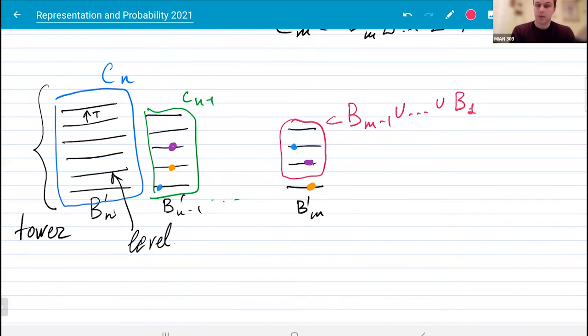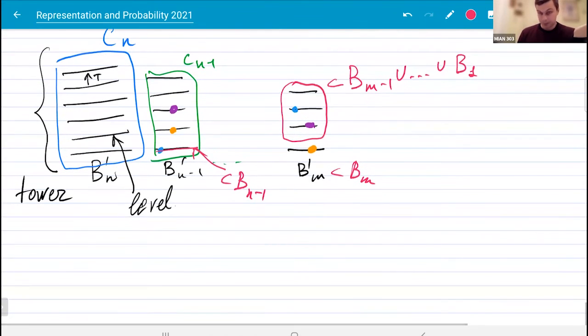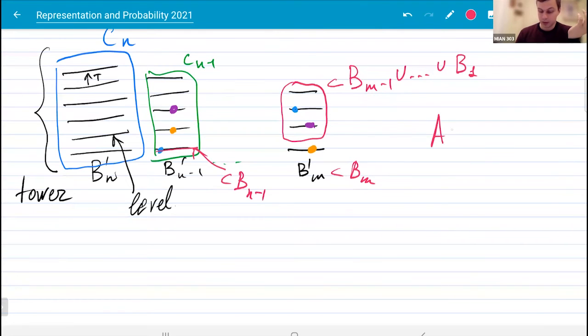This is again our first inclusion, because b prime m is a subset of bm, then its images are subsets of this set, and this ground level is a subset of bm minus 1 here, and therefore there is no intersection because the Bj's are disjoint. So all levels of all towers are disjoint.